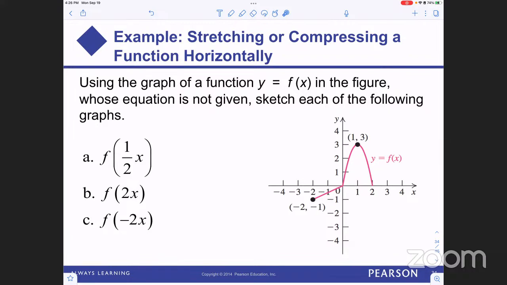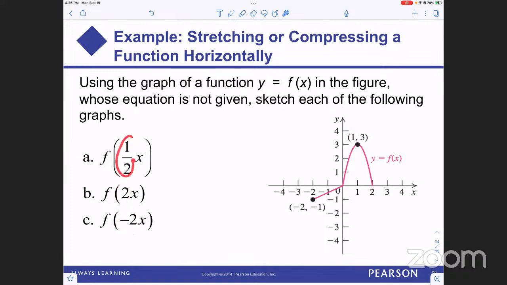So, using the graph of a function y equals f of x in a figure whose equation is not given, sketch each of the following graphs. This is just a generic figure, some generic f of x. We want to see what happens when we multiply the inside by a half, the inside by 2, and the inside by -2.